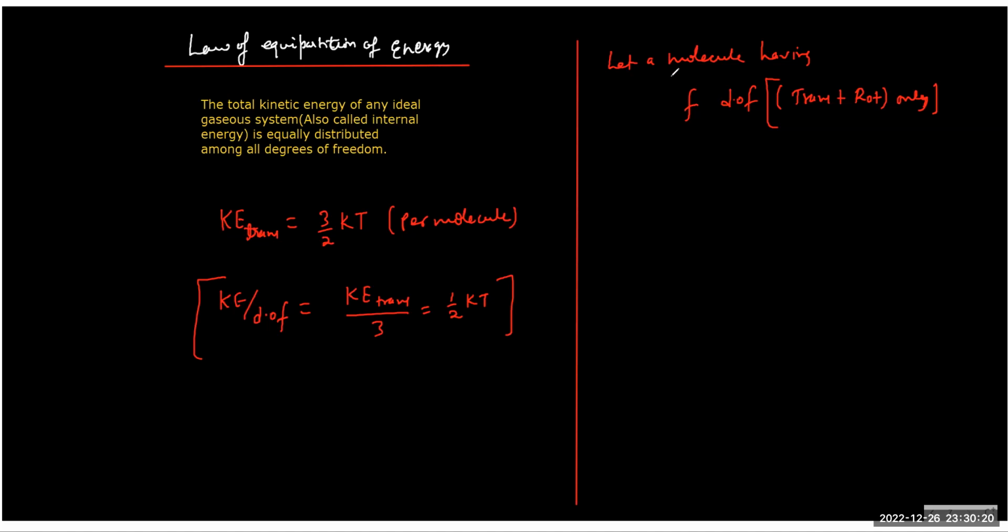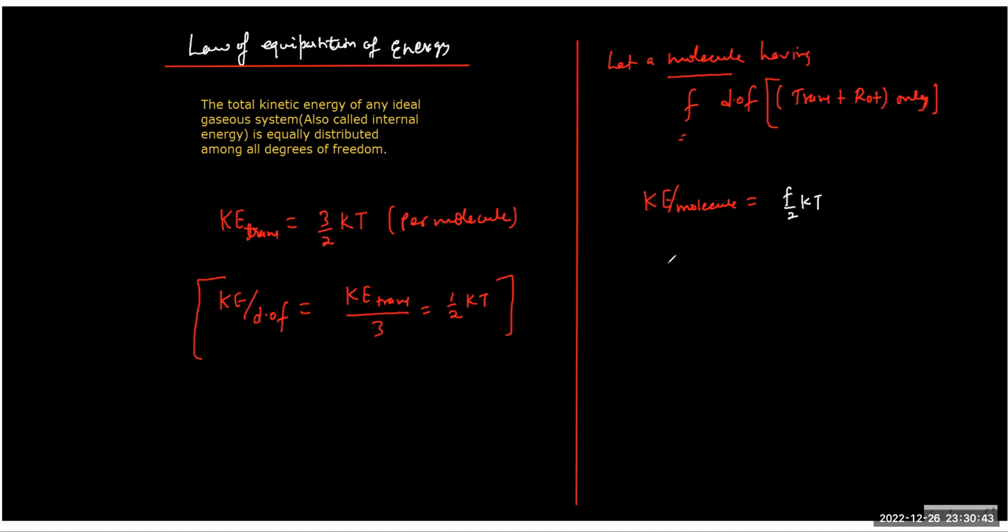So let's say a molecule, a single family, having F kids. So how much energy will this molecule have? The kinetic energy of this molecule will be F/2 kT. Simple.